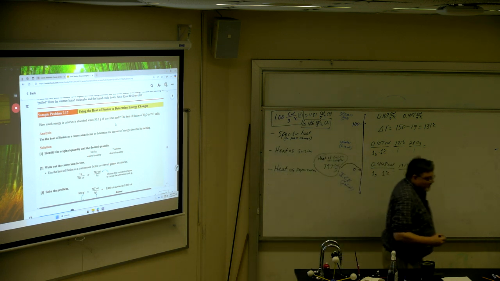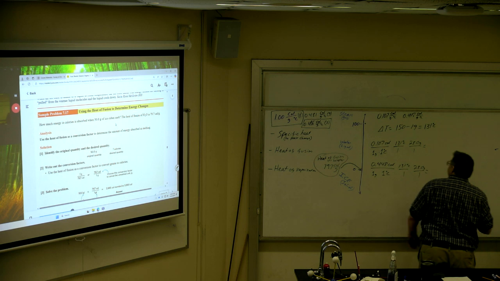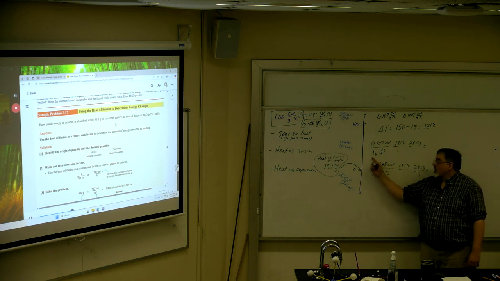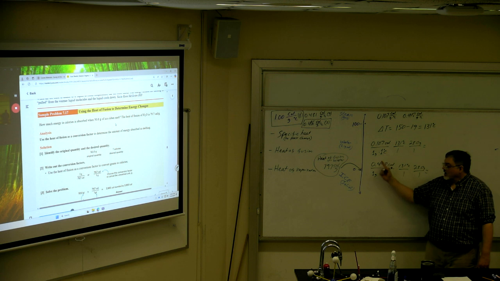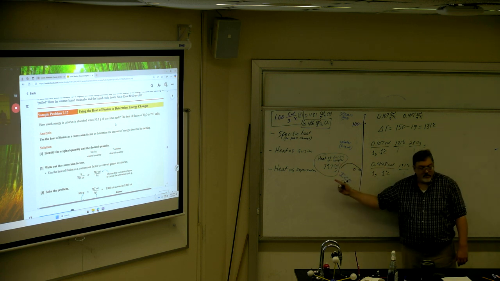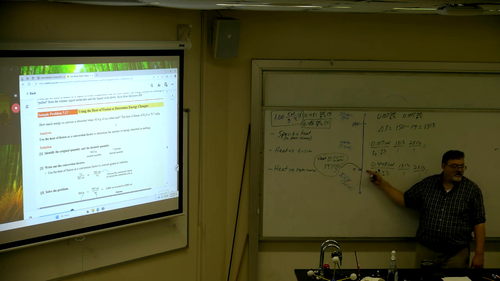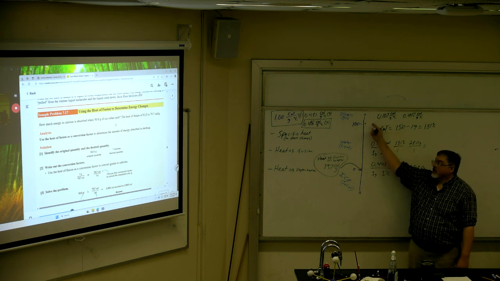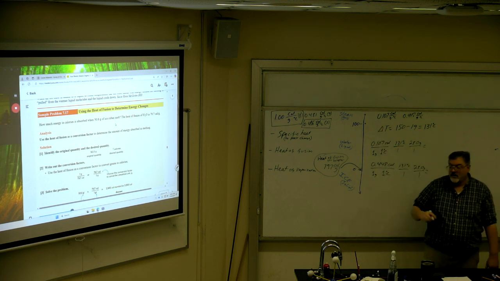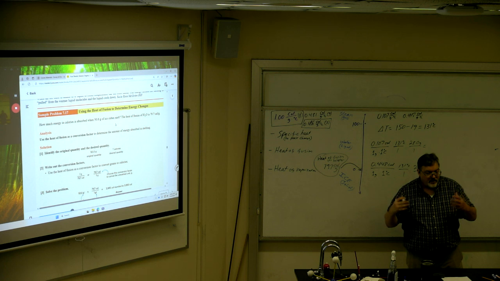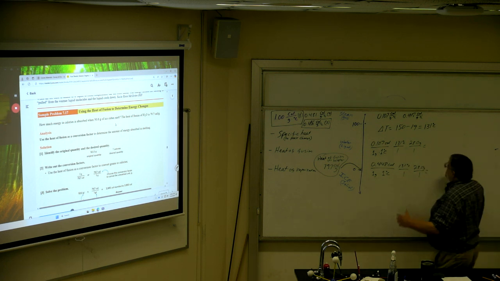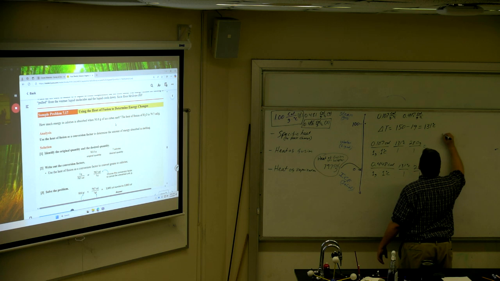So the way you would calculate this is 50 grams. Oh, notice this is calorie per gram per degree C. This is calories per gram because there's no temperature change. So the heat of fusion and the heat of vaporization are energy per gram. There's no delta T involved. So the calculation is pretty simple.